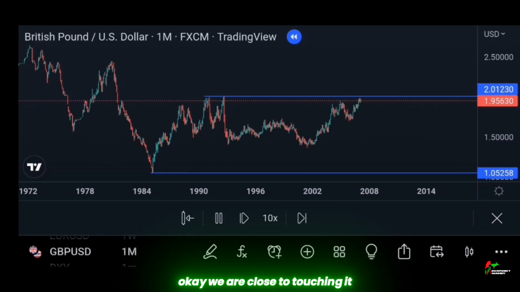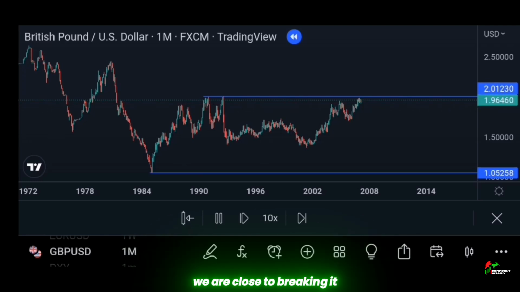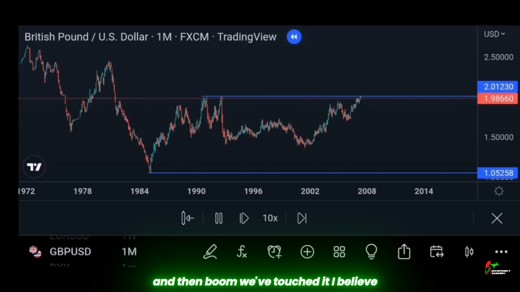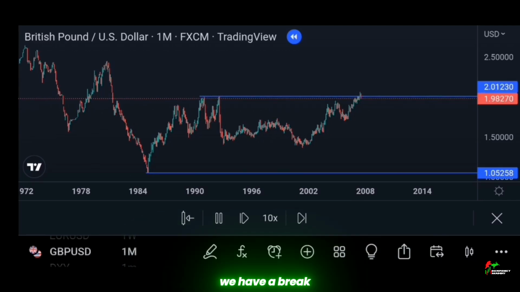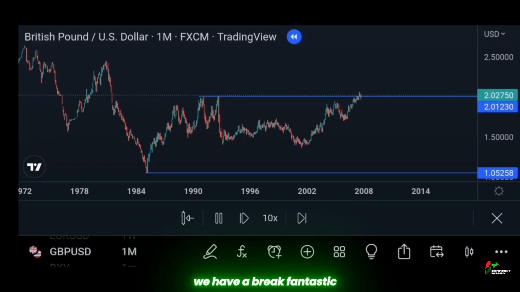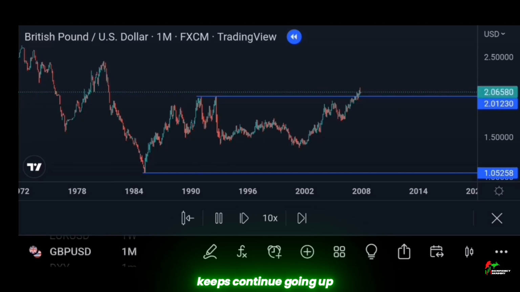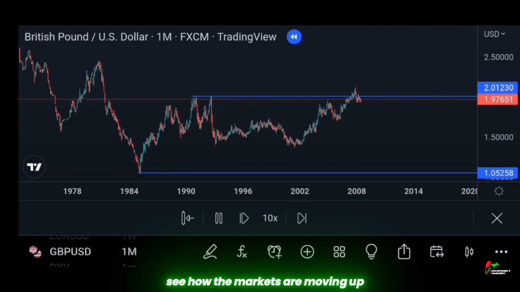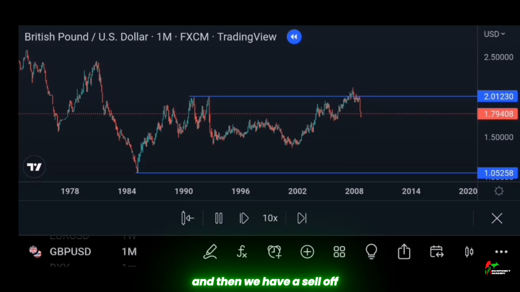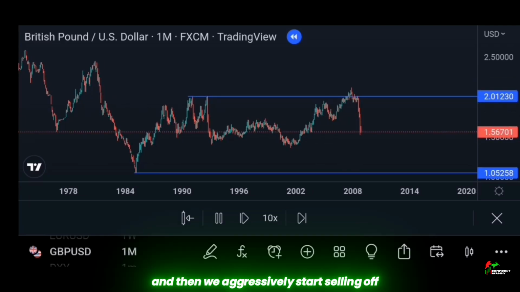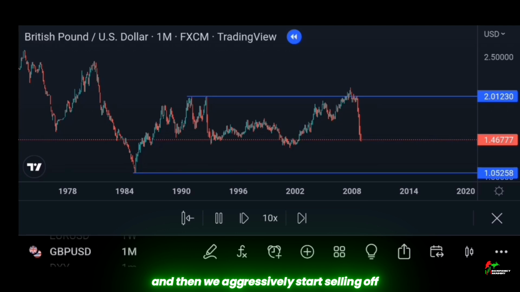Okay, we are close to touching it, we are close to breaking it, and then boom, we've touched it, I believe. Now we're just waiting for a break. Okay, we have a break, fantastic. It keeps going up. See how the market is moving up, and then we have a sell-off, and then we aggressively start selling off.